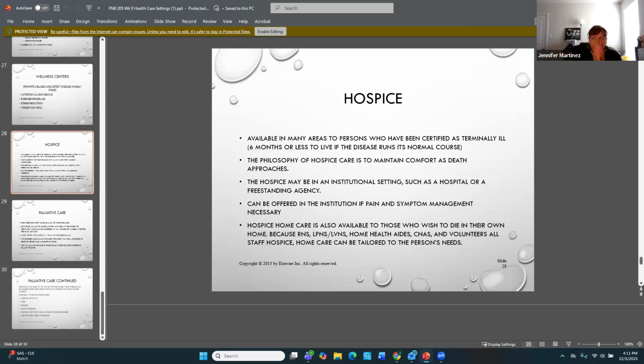And the philosophy of hospice care is to maintain comfort as death approaches. So it's death with dignity. Hospice can be offered in the hospital. It could be like a hospice house. It could also be offered at home.